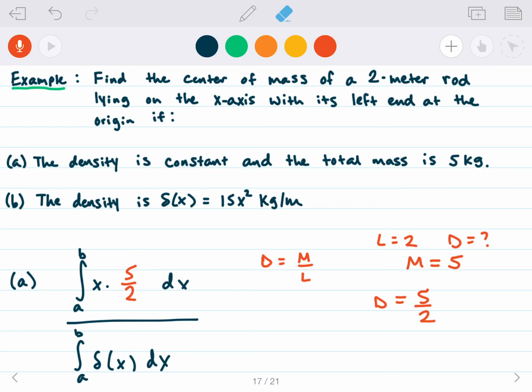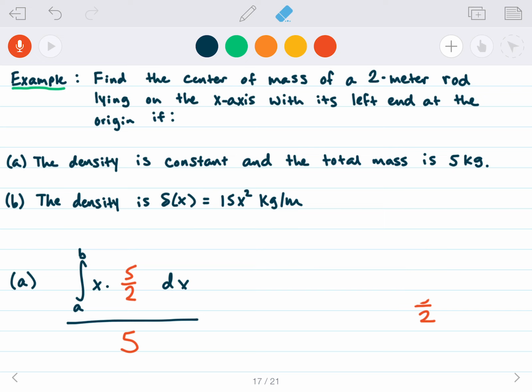Now, since they tell us the total mass, we don't have to do the extra work to integrate. We can just say, well, the total mass is going to be this bottom portion, and we were told that it's 5. So this is what we have so far for part A. Let's go ahead and pull out the 5 over 2. So we have 5 over 2 times the integral of x dx over 5.